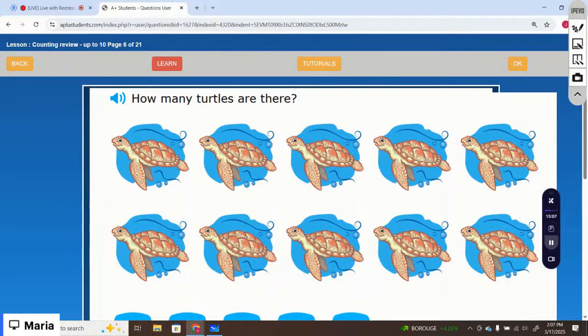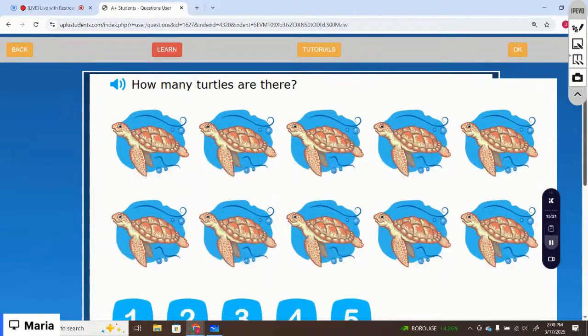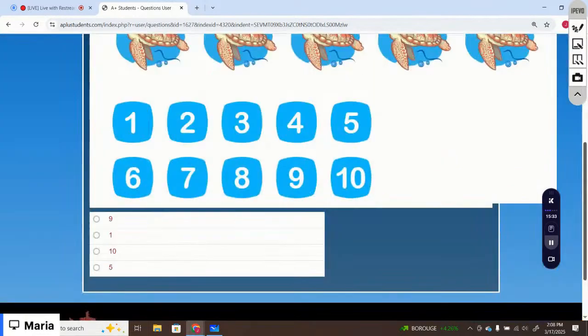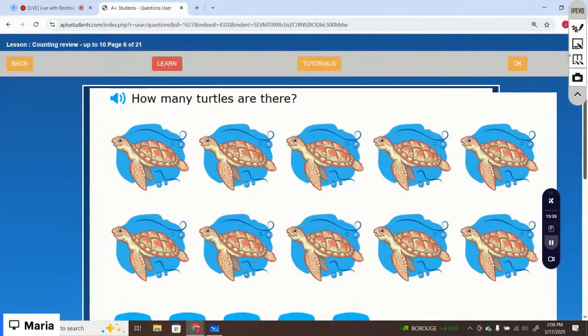How many turtles are there? Which is the correct option? There are 10 turtles. The correct option is 10.